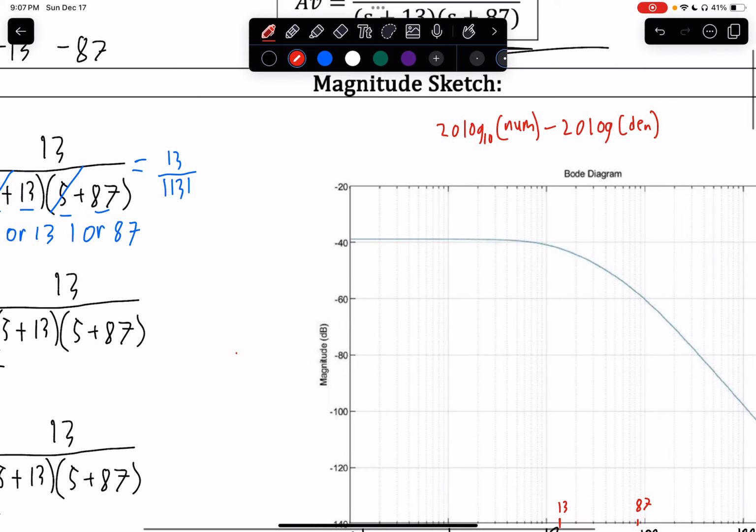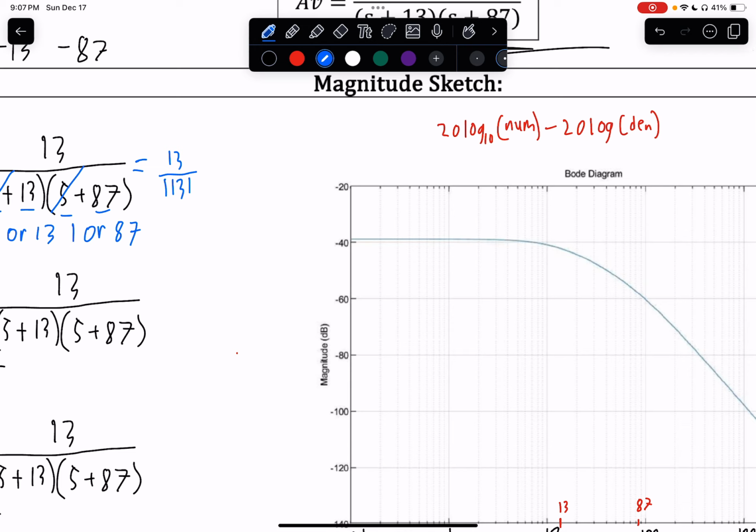We're going to plug the equation on the left into that. So we're going to get 20 log of 13 minus 20 log of 1131, and that is going to give us negative 38.79.